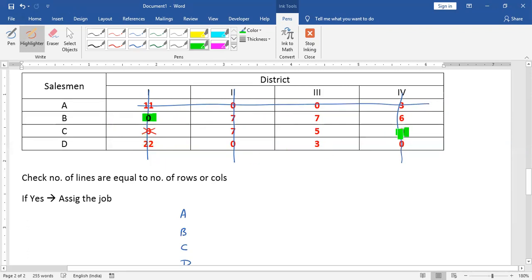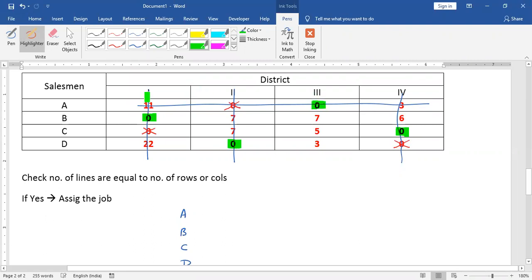If I allot this job to C to fourth, that means we are not going to assign D to fourth, right? So how many options remain with D? That is 1 option, right? That means we are going to assign D to second. If we assign D to second, then C's second is not going to be assigned to A. That means A has only 1 option left, that is third.